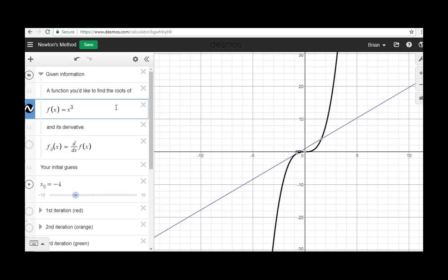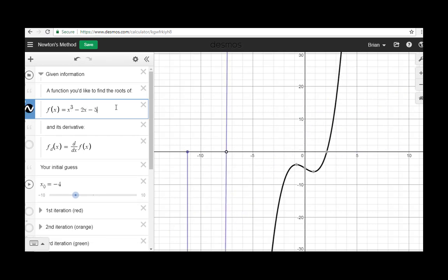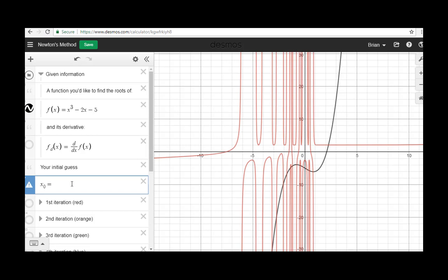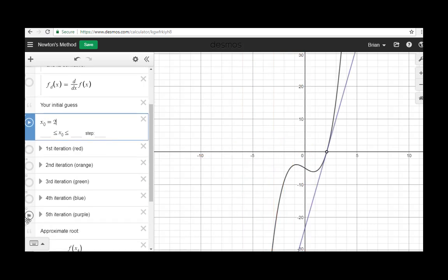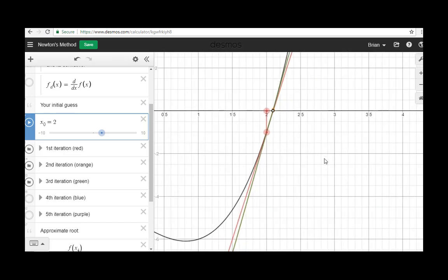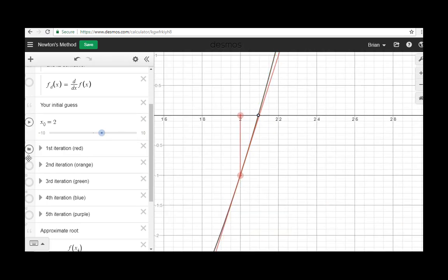We have x cubed minus 2x, I think I put minus 5 is what we had there. Yes. All right, now we had guessed x equals 2, and we could see the first iteration, the second iteration, the third iteration. Right, and again, I would have to zoom in pretty close to see what each of those are. There's my first one, and then there's my second and my third.